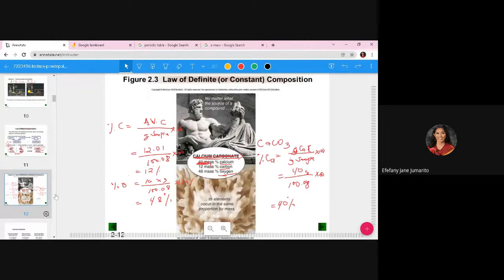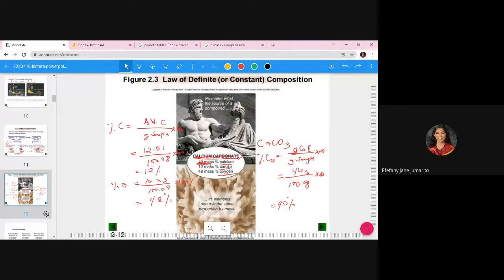No matter what the source of a compound, there is always a constant composition. So in calcium carbonate, we have calcium, carbon, and also oxygen.